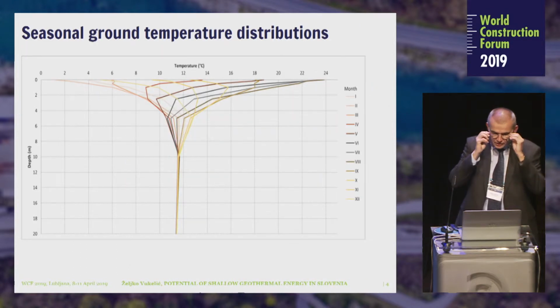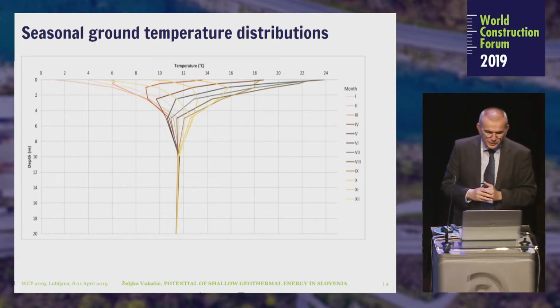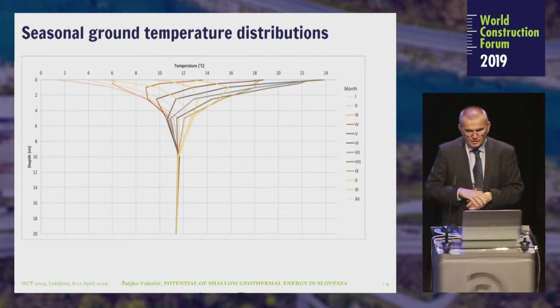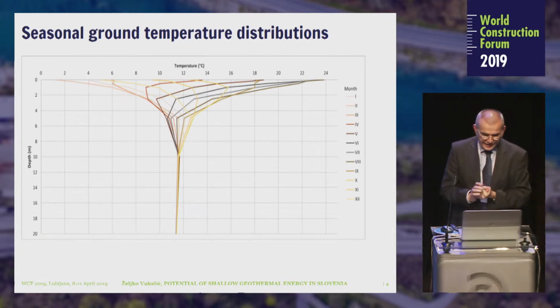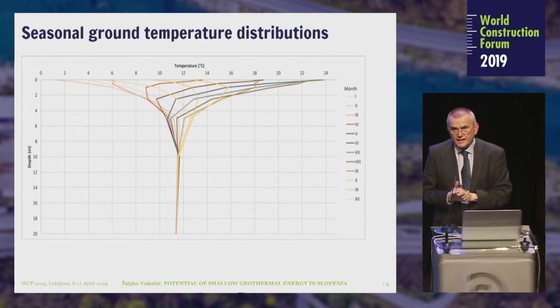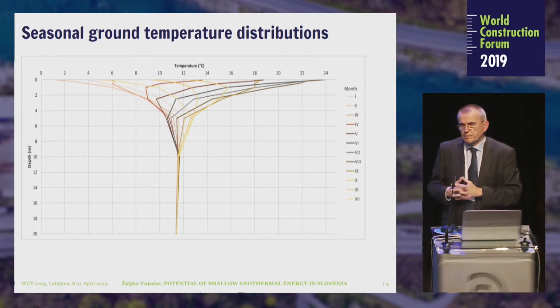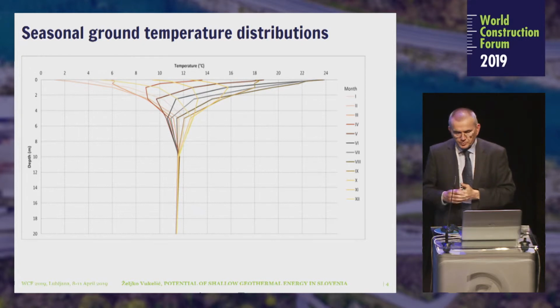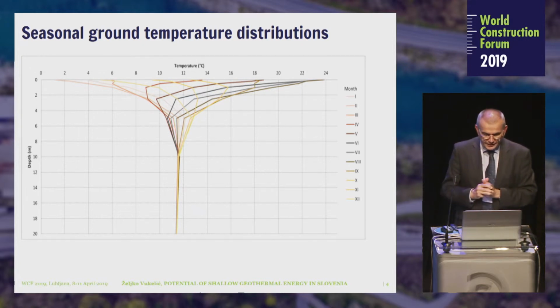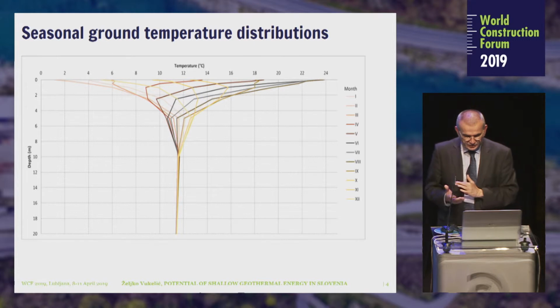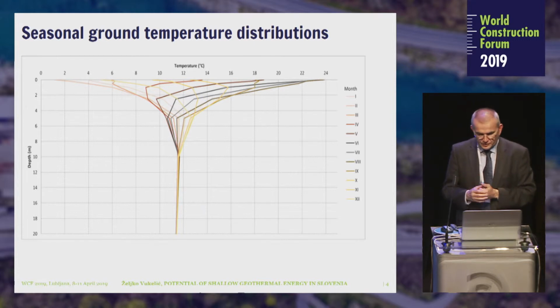Mother Nature gives us the possibility to use this shallow geothermal energy, because after a depth of 10 meters, I'm talking approximately about Central Europe or all of Europe, the temperature of the soil is about 10 to 12 degrees.